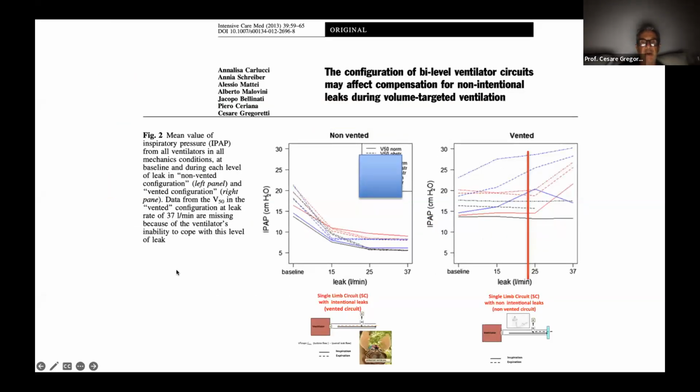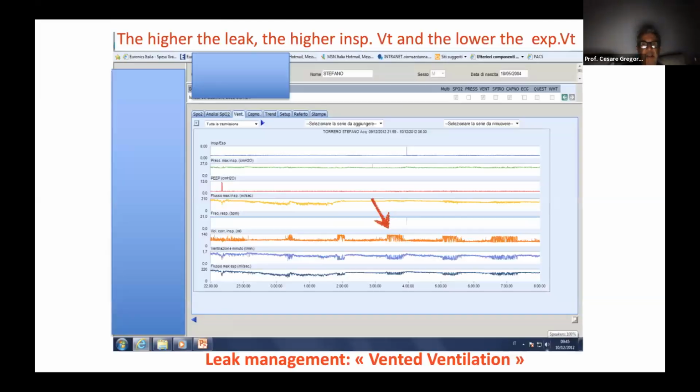You can see on the right slide the behavior of the non-vented configuration. The pressure drops in front of leaks, because the algorithm is linked to inspiratory tidal volume. So inspiratory tidal volume increased, and the pressure decreased because the ventilator interprets the inspiratory tidal volume as the tidal volume caught by the patient, but it's not real life. In the vented one, with a different algorithm, the ventilator was able to maintain the tidal volume.